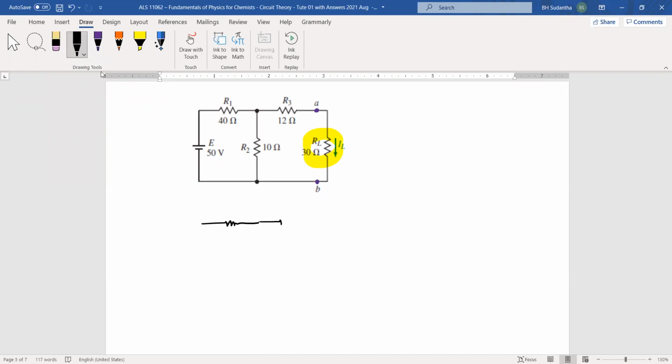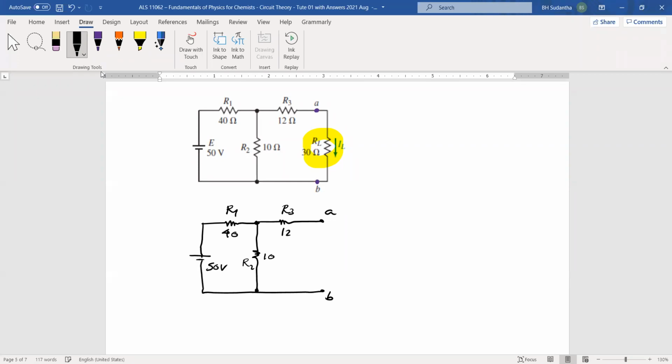Shall we redraw the circuit? R1. This is point A. Point B. R1 is 40, 50 volts this one. This is 10 ohm. R2.